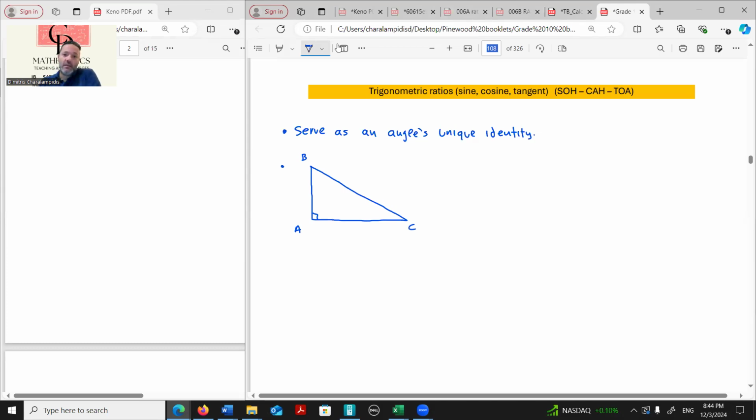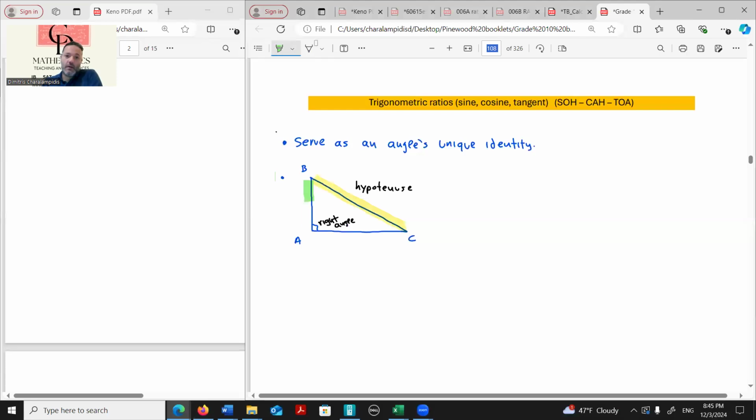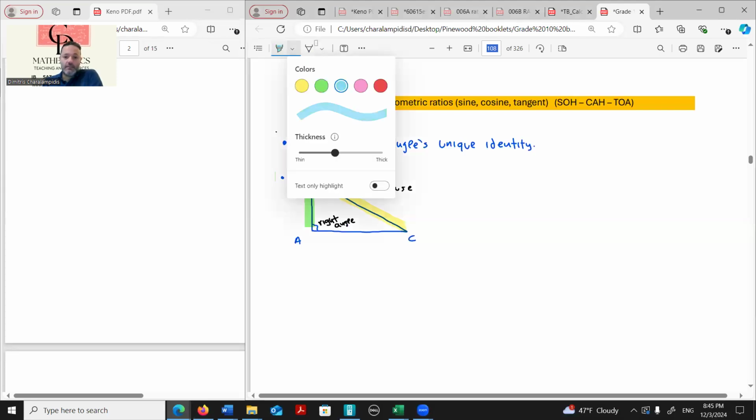We have seen that in a right triangle, we have a right angle, which measures 90 degrees. The side which is placed right opposite this angle is called hypotenuse, and the other two sides are called legs.